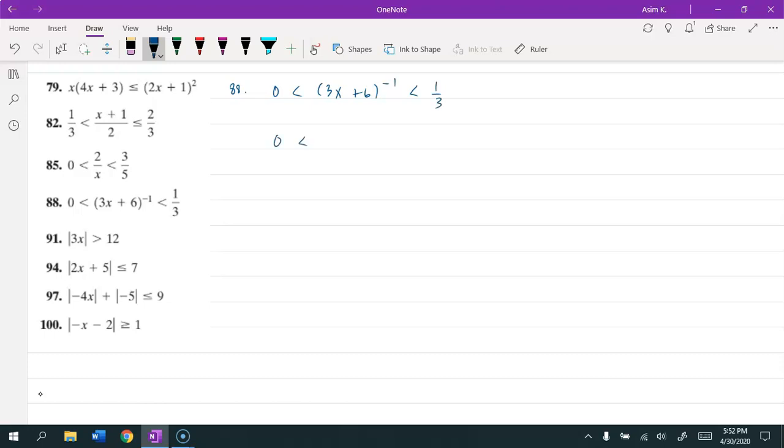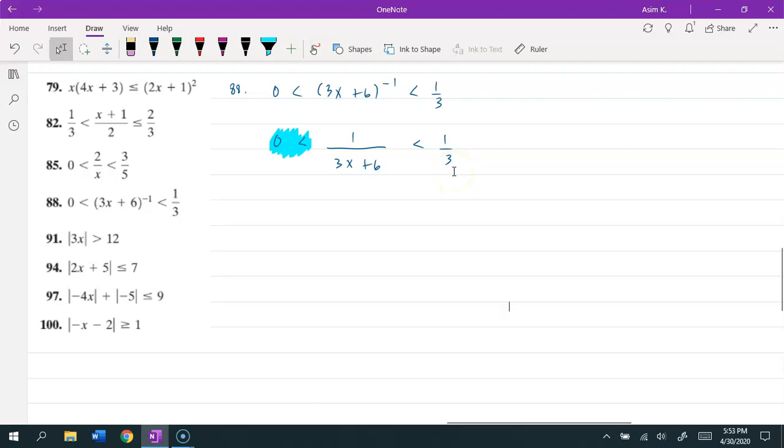Really what we're saying is 1 over 3x plus 6 is less than 1/3, and all the left side really stands for is that everything on the right has to be a positive result. So whatever you get from 1 over 3x plus 6, it must be an answer that is between 0 and 1/3.